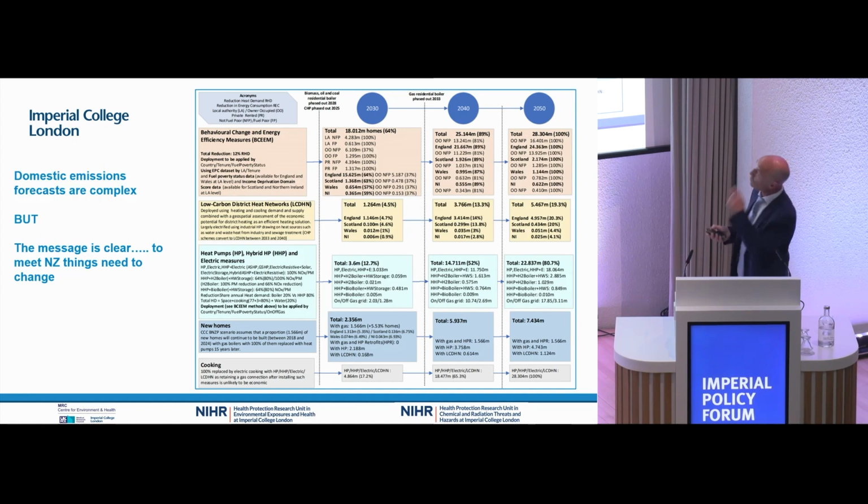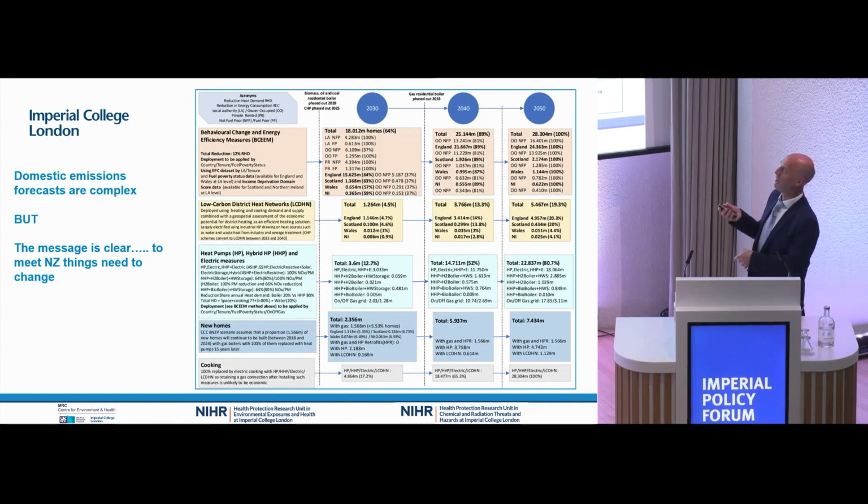Now, we spent quite a lot of time. It's very complicated, this. I don't want you to look at it too much. Just look at it generally, squint your eyes or something like that. But clearly the changes to emissions are multifaceted. There's behavioural change in the sense that you have to change to improve the energy efficiency of your home.